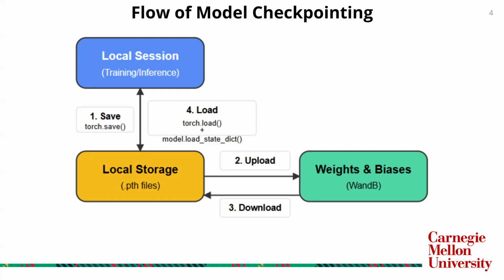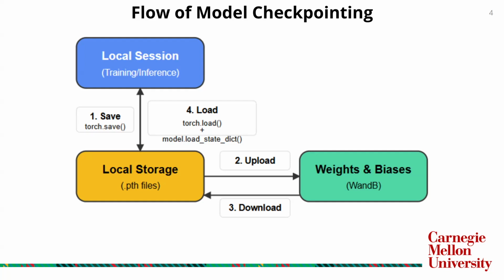So step two is upload. This is optional but highly recommended. You can upload your checkpoints to an external service like W&B, which we use in our course, which is Weights and Biases, and this provides cloud storage, versioning, and easy sharing capabilities. Step three is download. When you need to retrieve a checkpoint either from your local storage or from cloud storage like W&B, you just download the .pth file. And the fourth step is load.